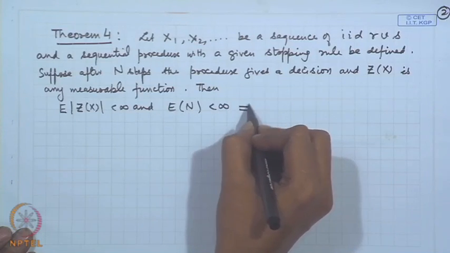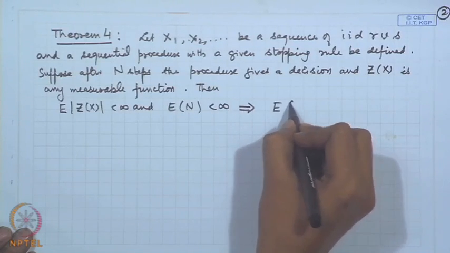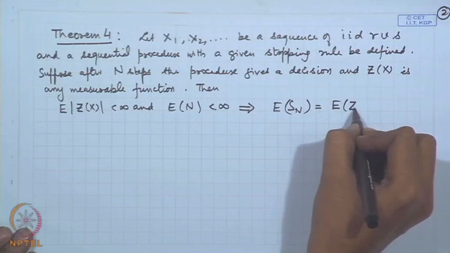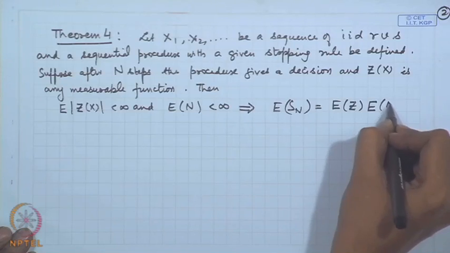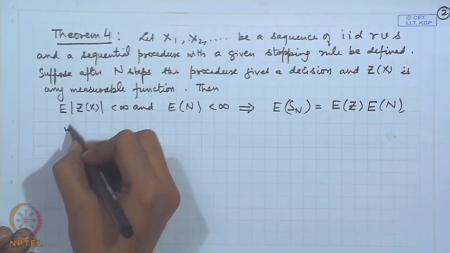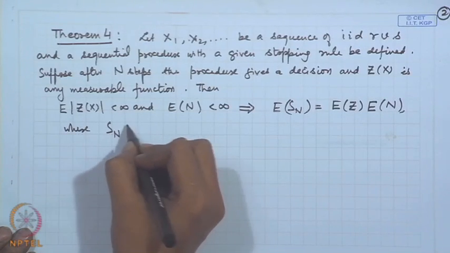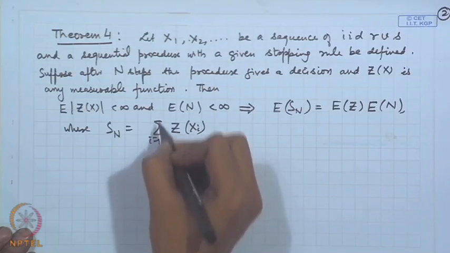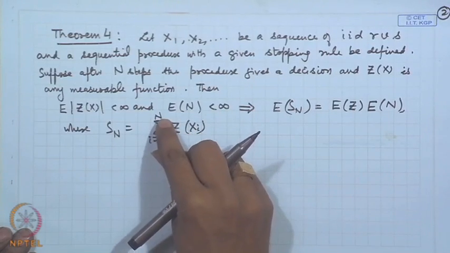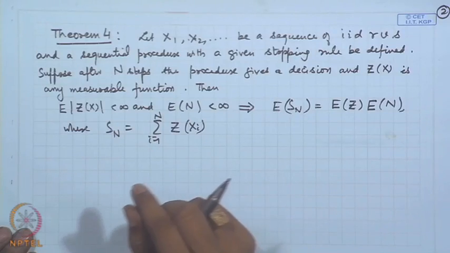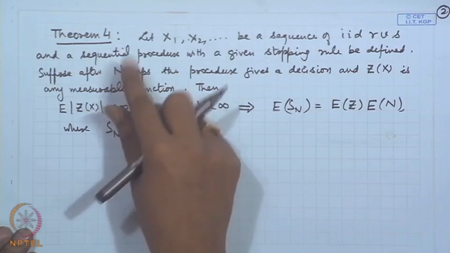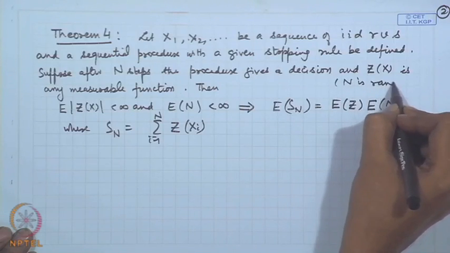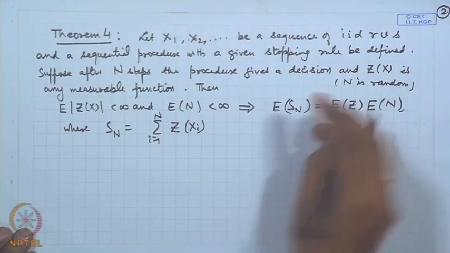Then this implies that expectation of S_N is equal to expectation of Z into expectation of N, where this S_N is the sum, as I defined earlier, of the first N terms. Only thing is here N is random. That is why we are talking about expectations.